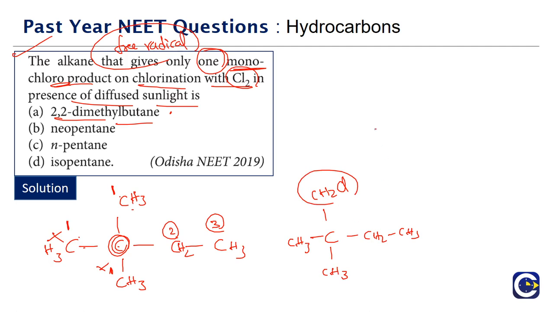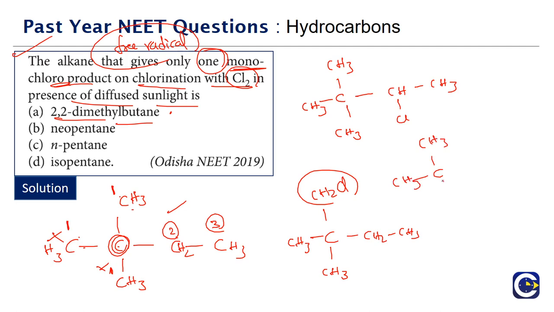Now the others will be like this: CH3, CH3, CH3, CHCl, CH3, where I replace from carbon 2. Then we can replace from carbon 3, and we get CH3, CH3, CH3, CH2, CH2Cl.